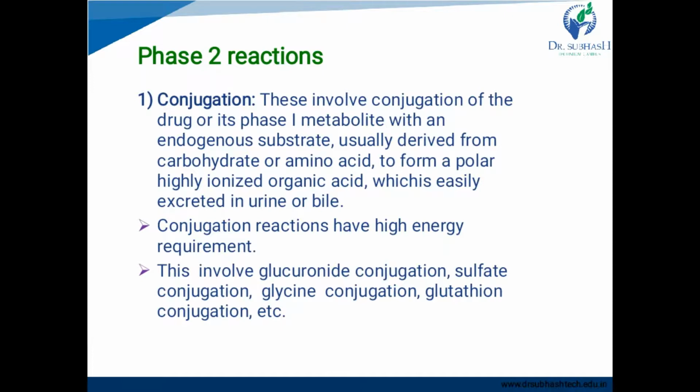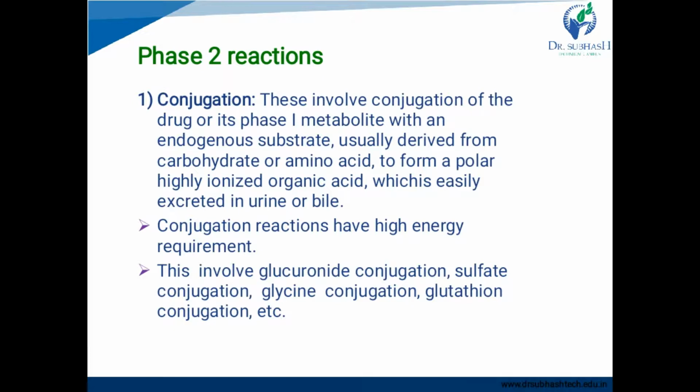So it passes through phase 2 reactions like conjugation, which involves conjugation of the drug or its phase 1 metabolite with an endogenous substrate usually derived from carbohydrate or amino acid to form a polar highly ionized organic acid which is easily excreted in urine or bile.